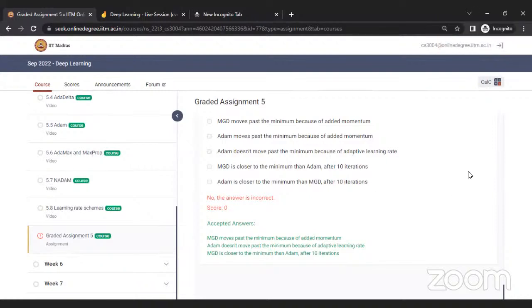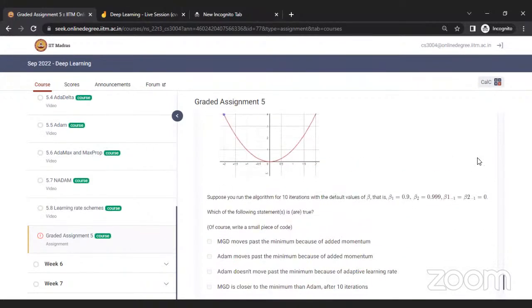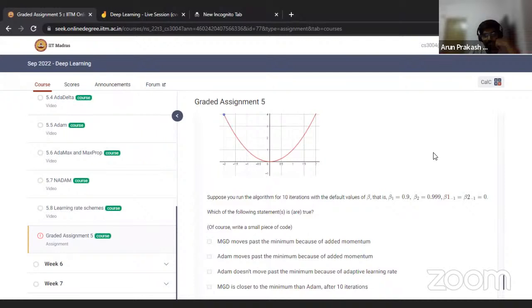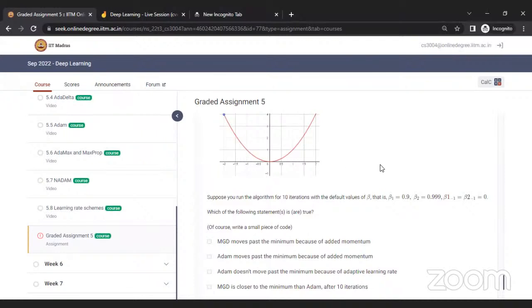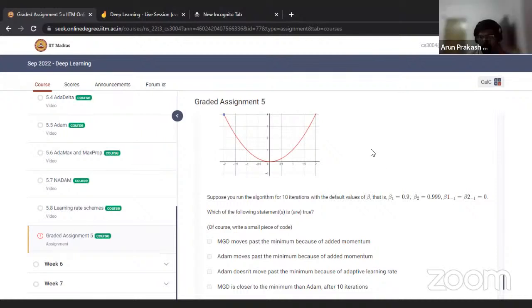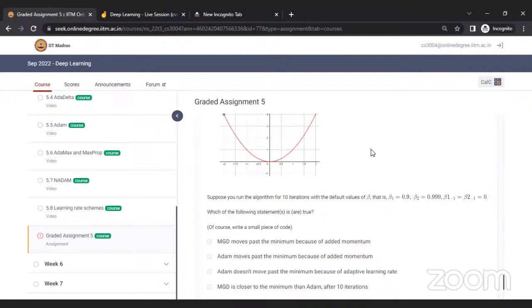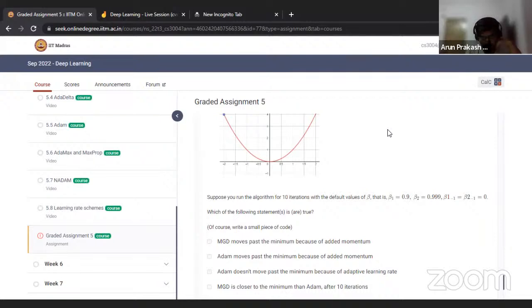Actually, the minimum point for this question is 0, no? Yeah. So I actually printed all the values for each iteration, and it never crosses 0.